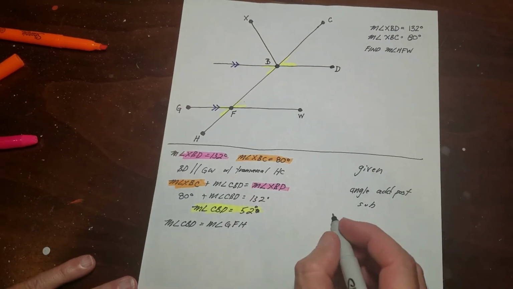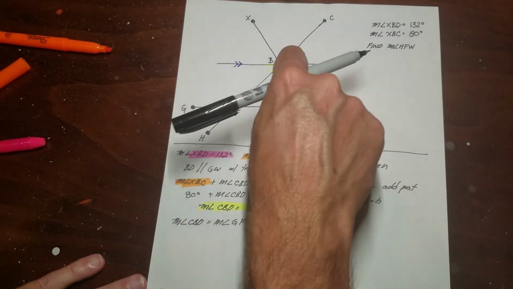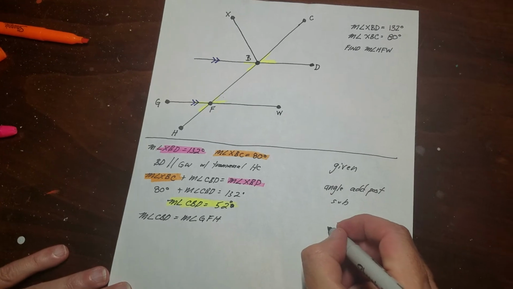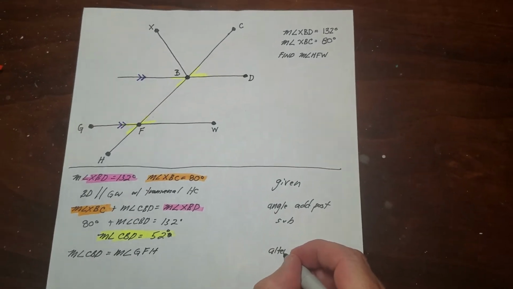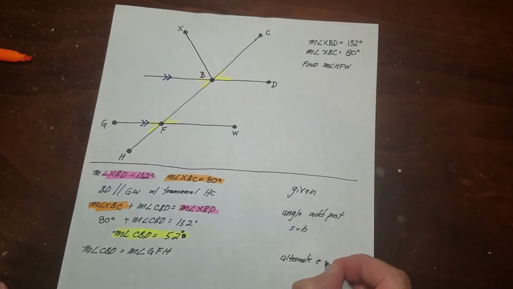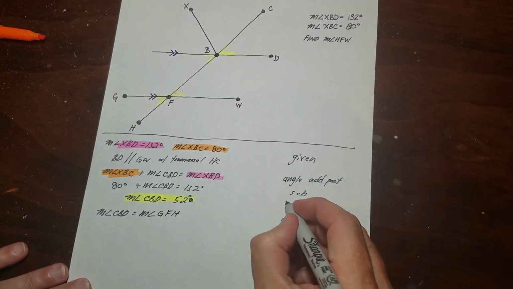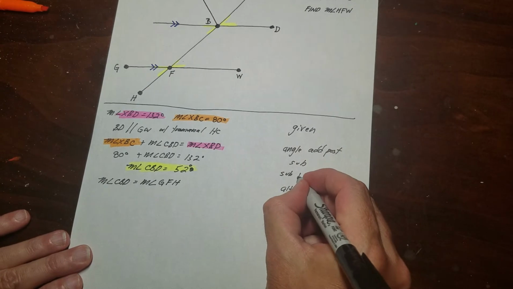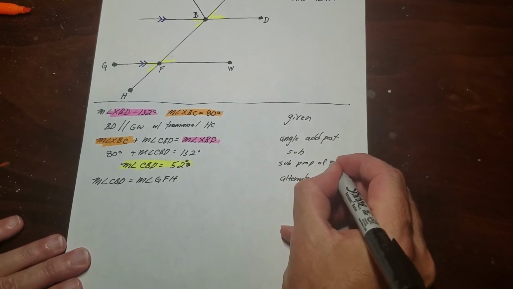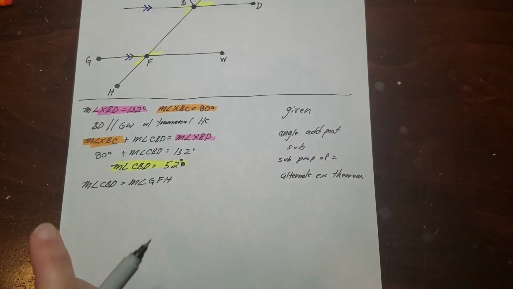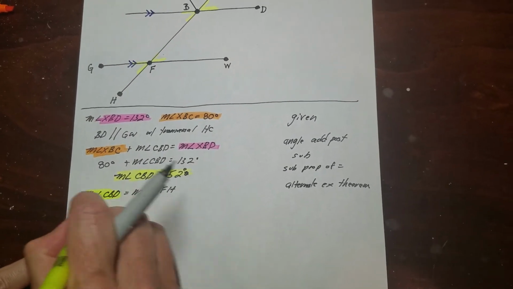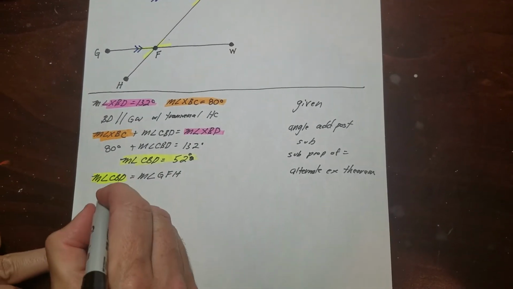Those are alternate exterior angles, by the theorem. And this one over here, I forgot to put the subtraction property of equality. Okay, now I'm just going to substitute.